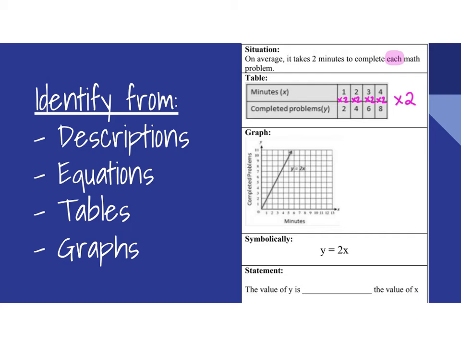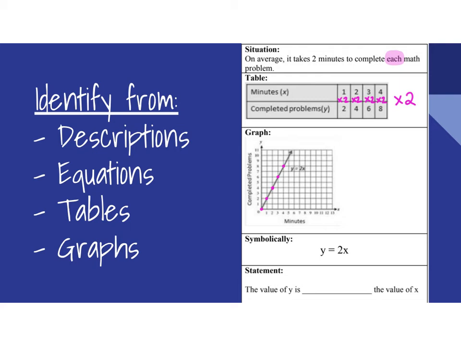In the graph, I see some points that are already plotted. I see 0, 0, 1, 2, 2, 4, 3, 6, and 4, 8. Each time, we're multiplying x by 2 to get to our y value.